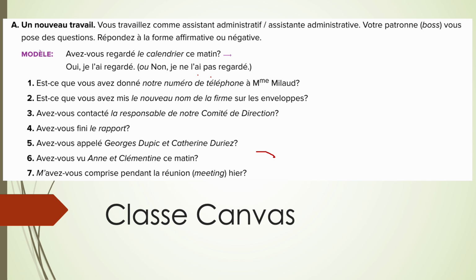So, je l'ai donné à Madame Mio, or je ne l'ai pas donné à Madame Mio. With this one, this is also masculine and singular, so you don't have to worry about whether to make the past participle agree or not, because it's masculine and singular, and that's sort of the default setting in French.